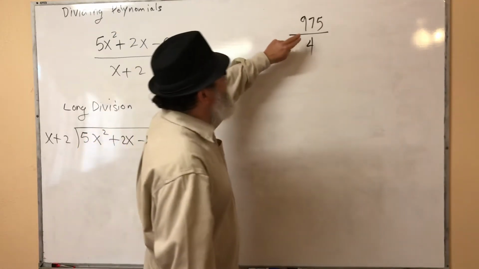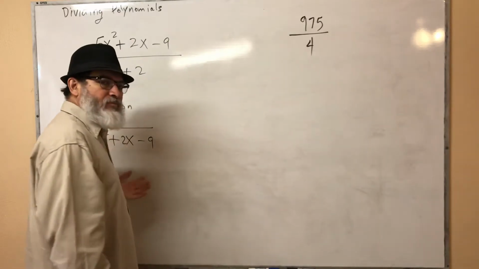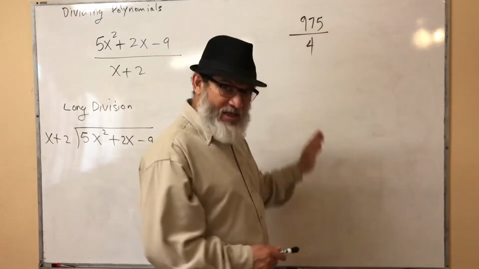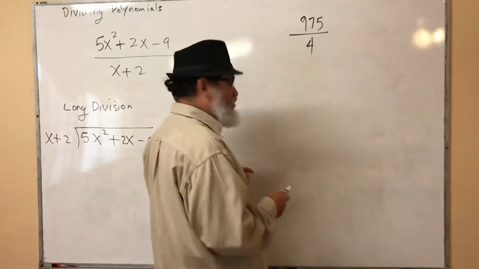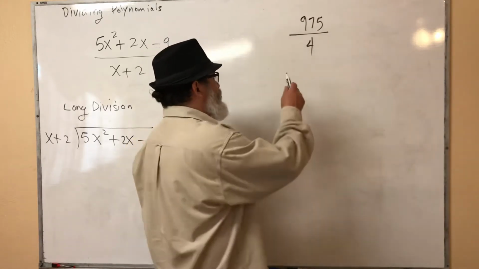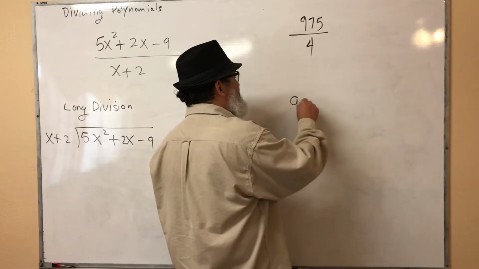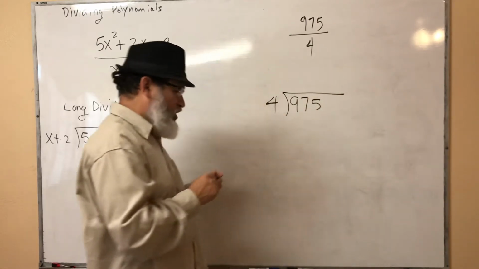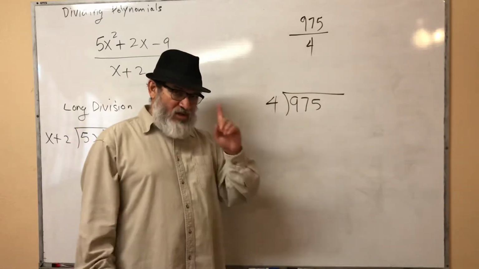What we learned from this example, we're going to apply it here. So, to divide this, we also use long division. So let's take 975 divided by 4.